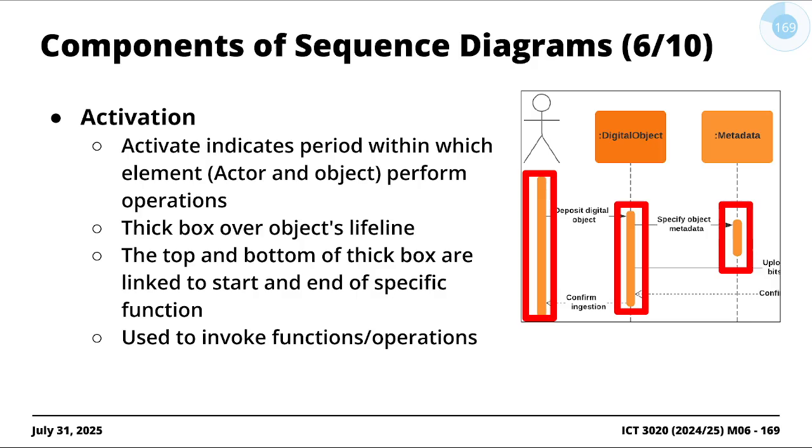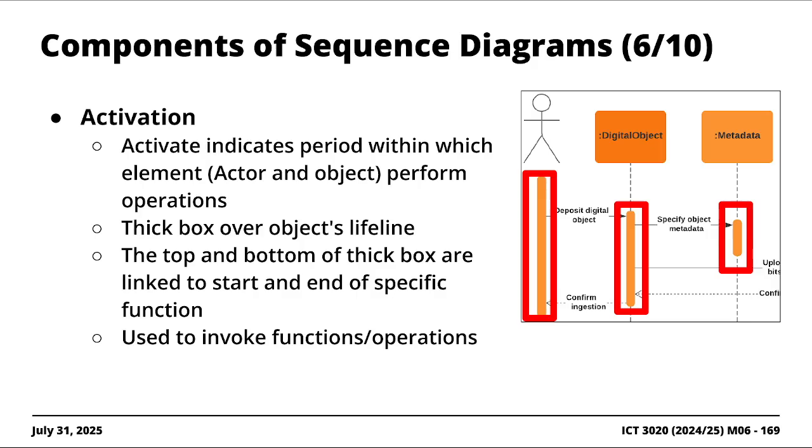Something we discussed as well is the so-called activation bar, right? And the activation bar is a narrow vertical rectangle over the lifeline. In essence, what this does is it showcases the extent to which this object is active.